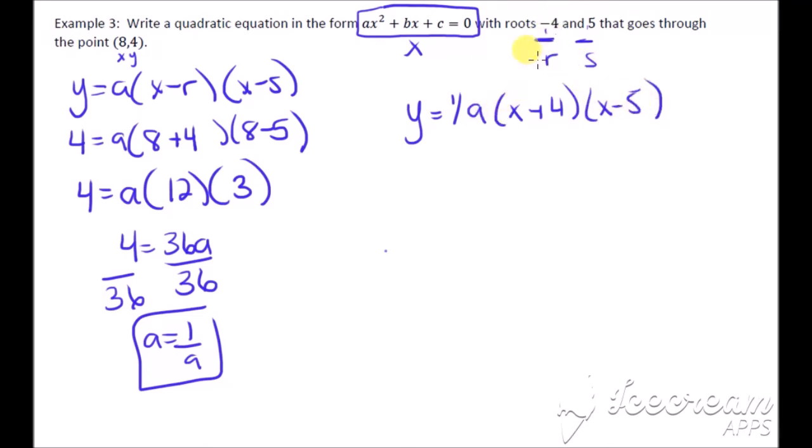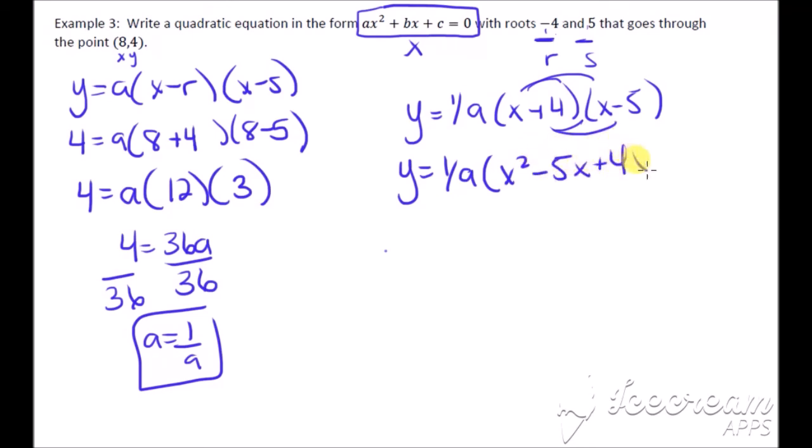Since we have an equation in factored form now, we can put it into standard form. So let's expand. Let's leave the 1/9, and expand. This goes to x squared minus 5x plus 4x minus 20. Let's collect those two terms in the middle.